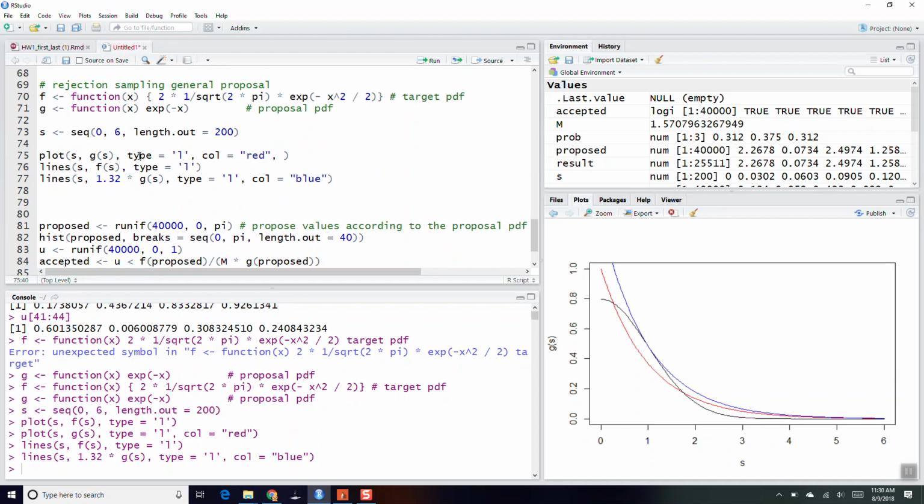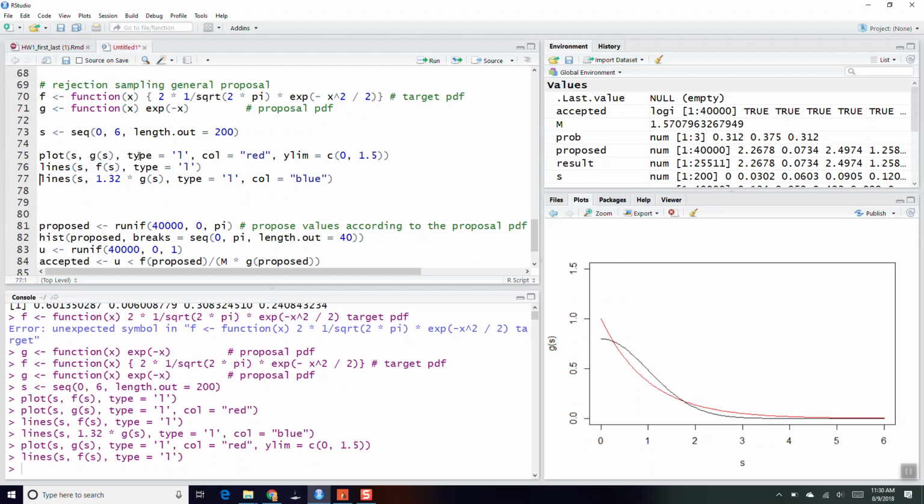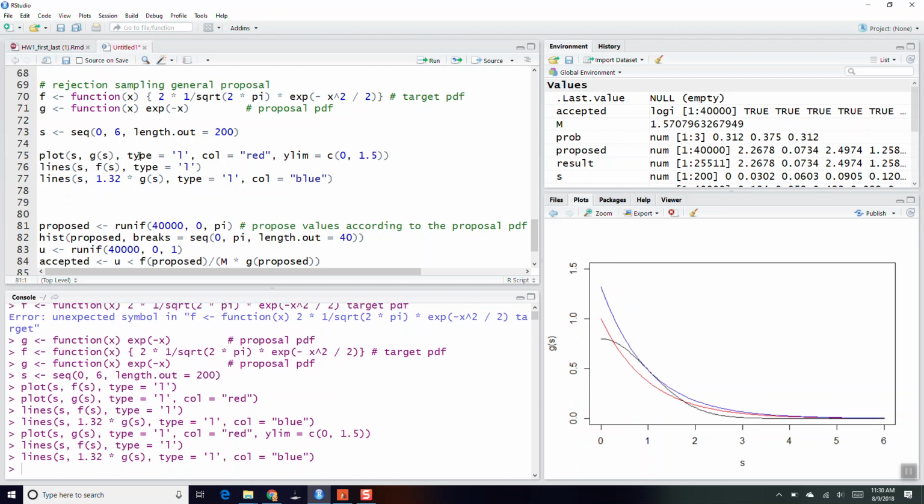Let's change the y limits to c 0 to 1.5. Okay, so if we just scale up the exponential so that it's always taller, then this can work. Is that okay? So all I've done is multiply our proposal g of x by some constant so that it's always taller than the target.